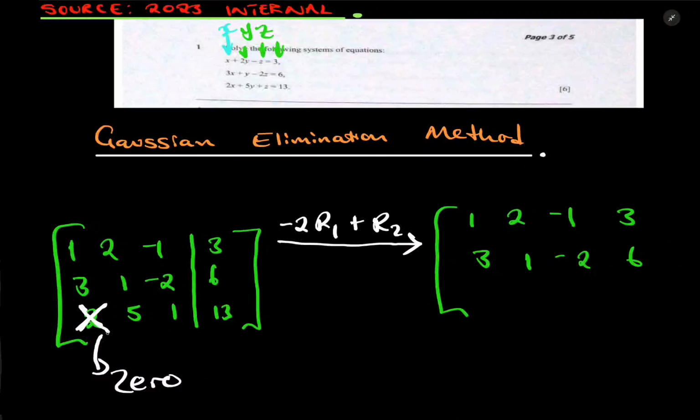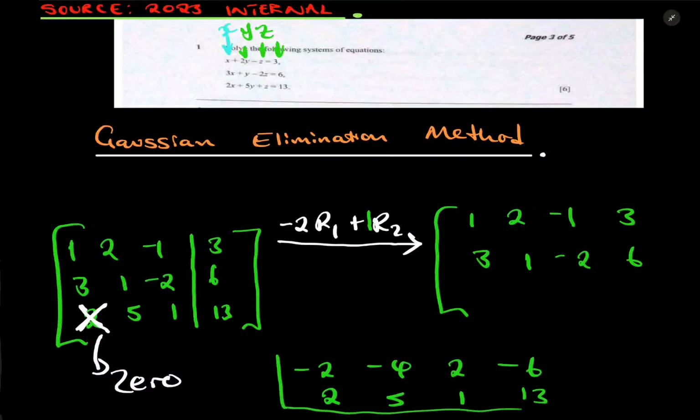But our last row will experience some changes. So now we are going to say -2 times everything in this row. We're going to get negative 2 followed by negative 4 followed by 2 followed by negative 6. Then in this last row, we're going to multiply it by 1. So we're going to say 1 times this row. We're going to get a 2, 5, 1, 13.